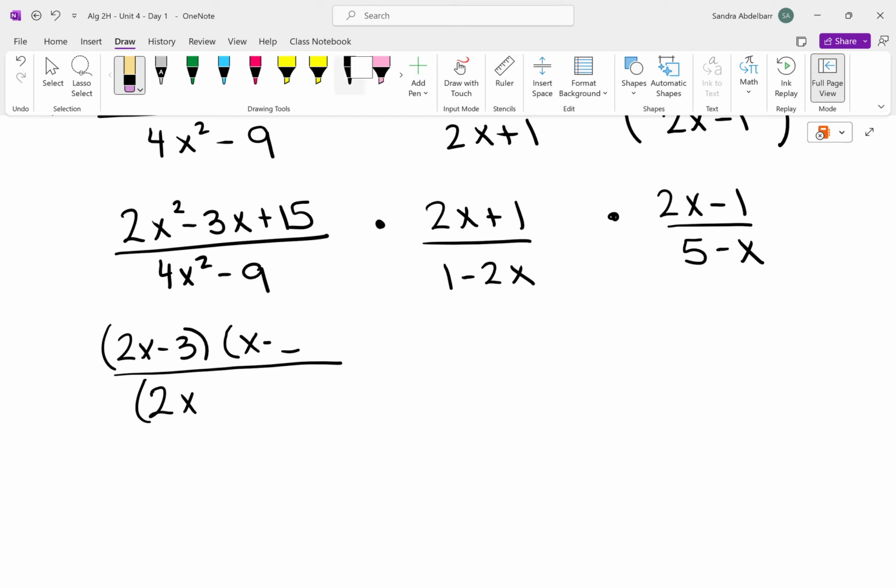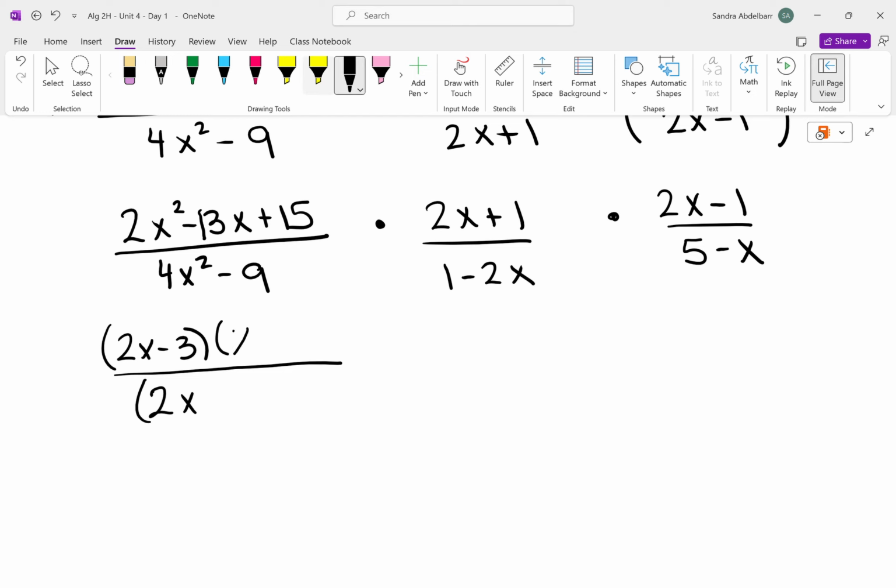Oh, that doesn't work. That does not work. What happened there? Did I write this wrong? It was 2x squared minus 13x. Yeah, this is supposed to have a 1 here. There we go.